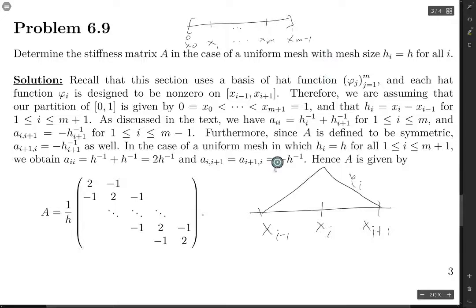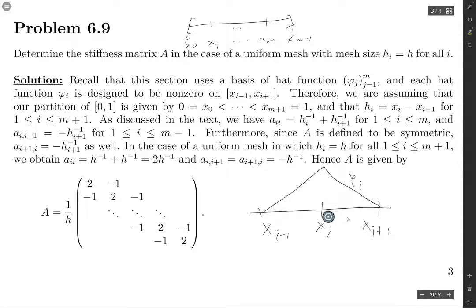You see that its peak is at xi, and then it goes down and hits 0 at x_{i-1} and x_{i+1}. Therefore, to get your basis you only consider the middle values, so you go from 1 to m, and there's m of them. That's why this is an m by m matrix.